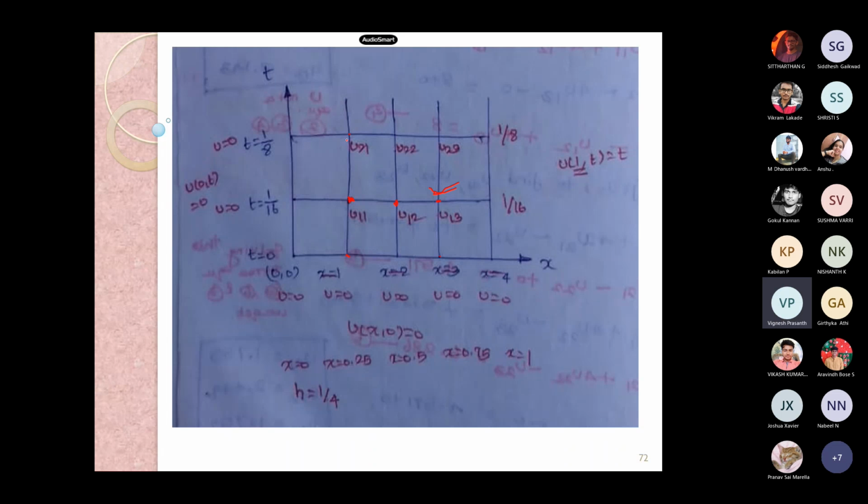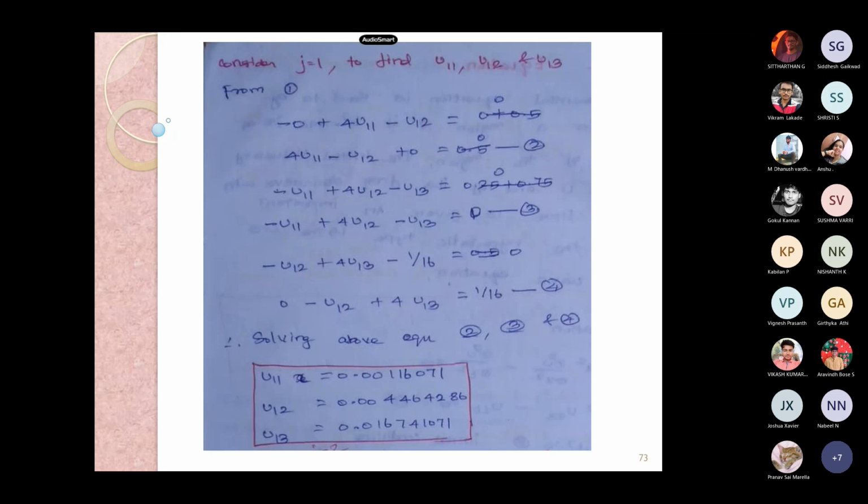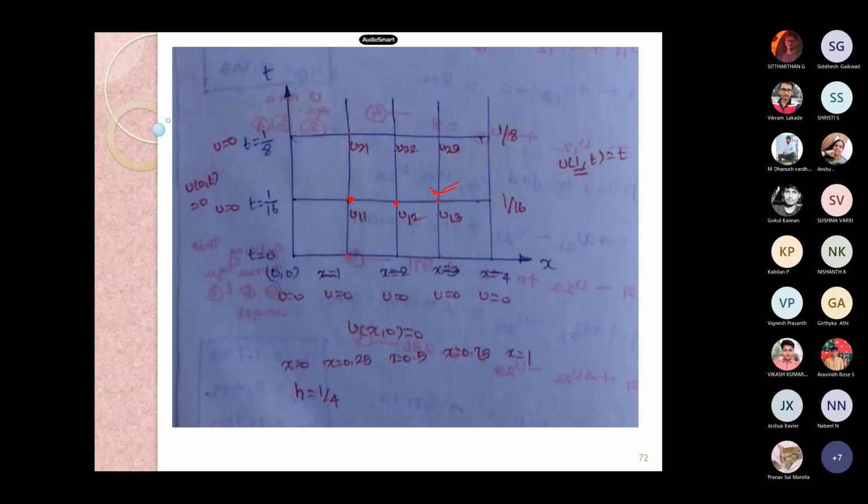I'll tell you for u21. Here u is equal to 0, therefore minus 0, there won't be any influence for minus or plus 0. Plus 4u21 minus u22 is equal to 0 plus u12 value. u12 is 0.004464286. And now tell me the second equation.